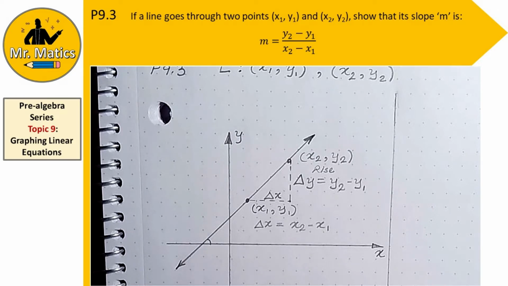So m, the slope m, equals the ratio of, so this is your run, rise divided by run, equals y2 minus y1 divided by x2 minus x1.